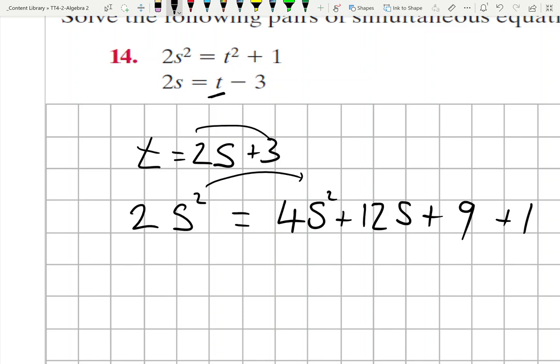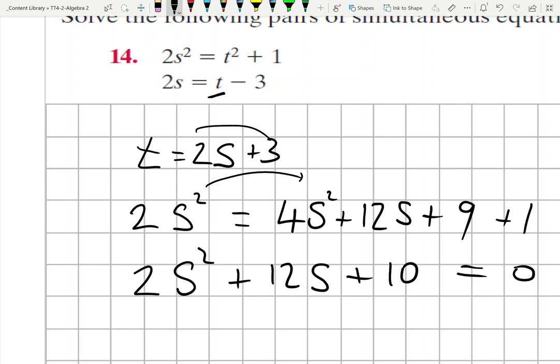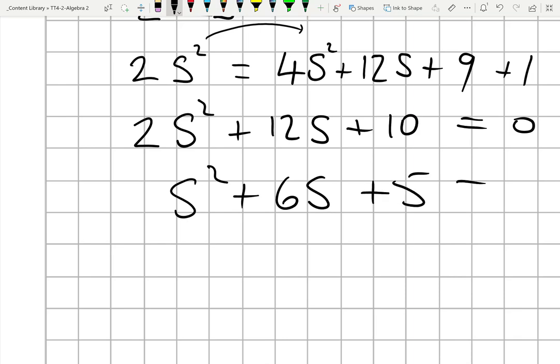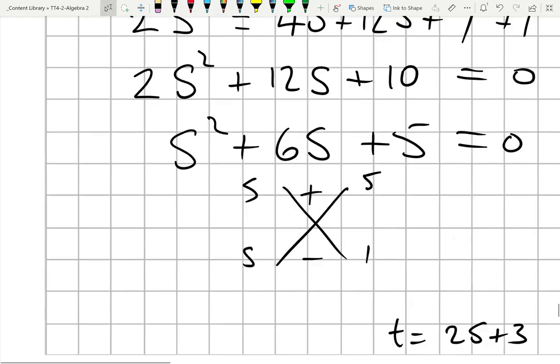Divide by 2. Look at that. Okay, S, 5, 1. They're both positive. Is equal to minus 5 with minus 10 and 3.